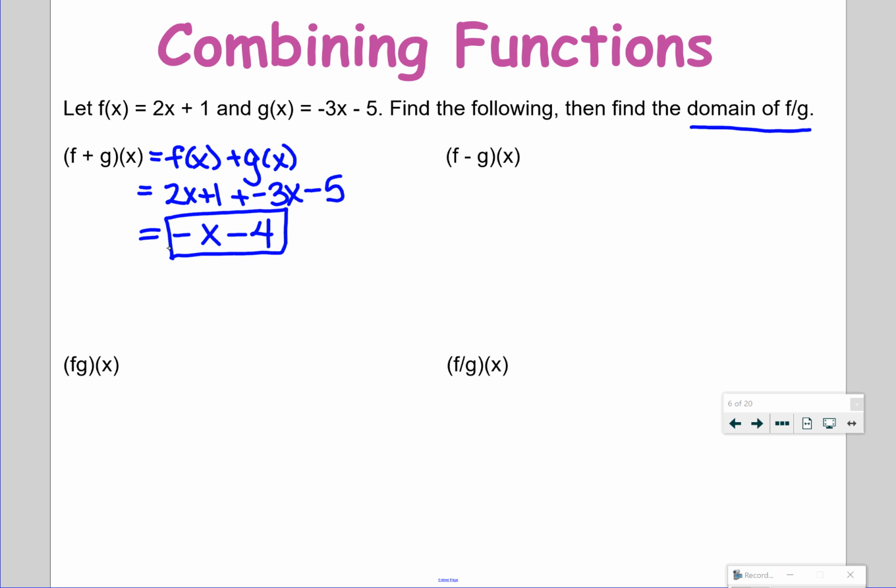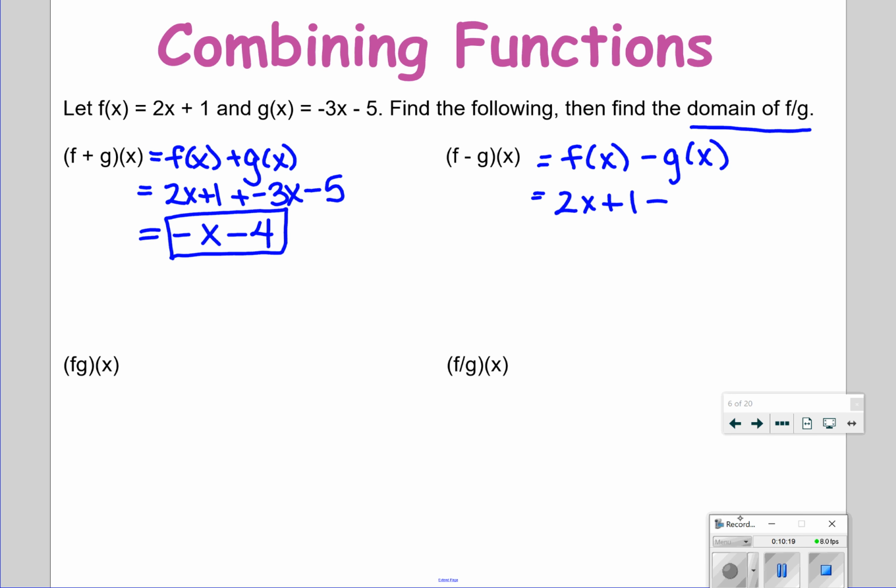Next, we're going to find f minus g of x. So that's function f of x minus function g of x. Function f of x is 2x plus 1. If you are subtracting, you're going to need to make sure that you put whatever you're subtracting in parentheses, because this negative is something we're going to have to distribute in.